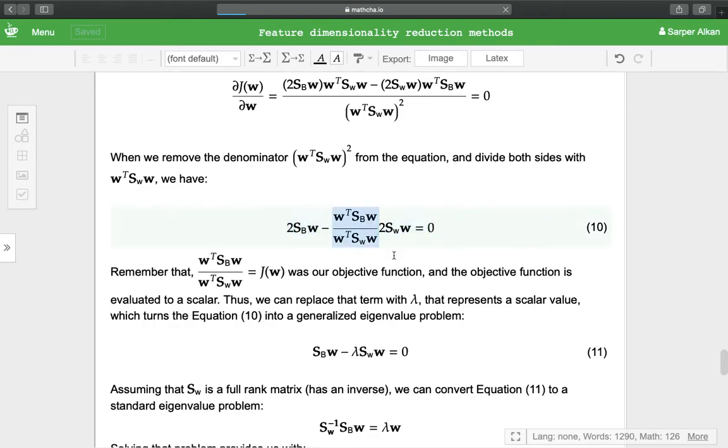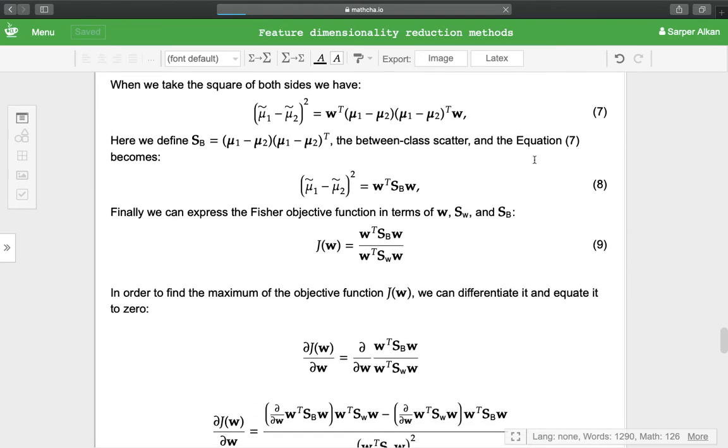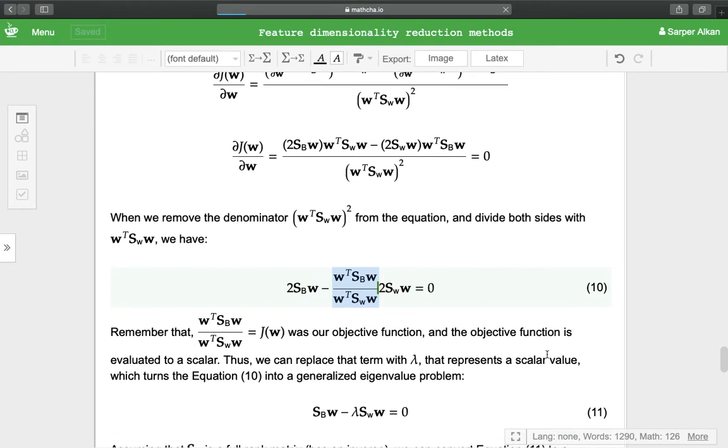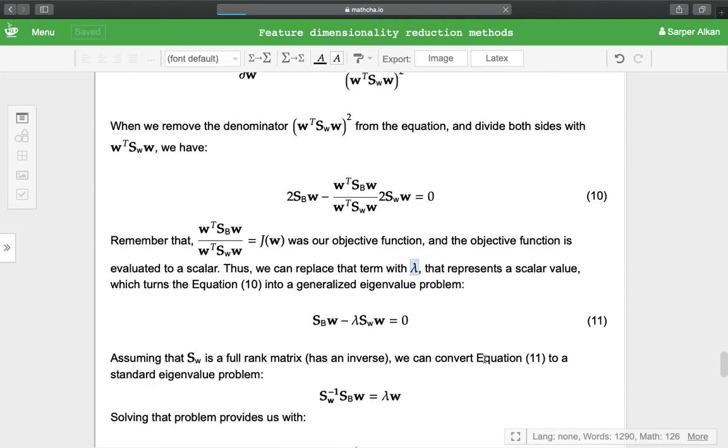Note that this expression here is our objective function, and we know that this objective function evaluates to a scalar. So we can replace that part here with a term, let's call it lambda, that represents a scalar value, and this turns equation 10 into a generalized eigenvalue problem here.